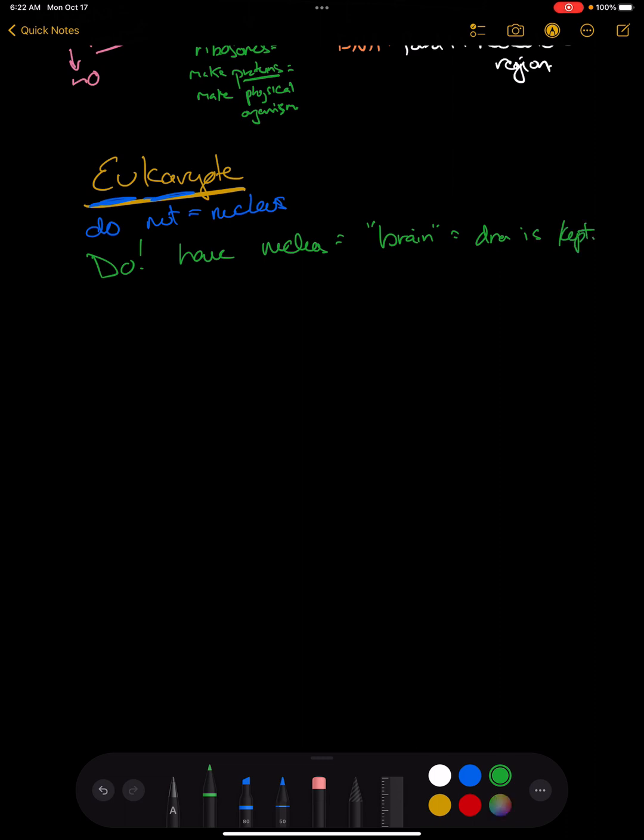And besides having a nucleus, and we're going to talk more about them in another video, they also do have membrane-bound organelles. And these organelles are just structures inside the cell.